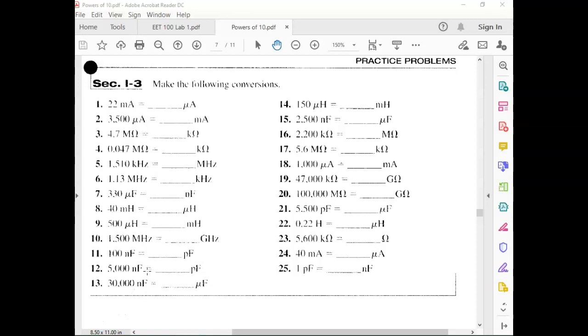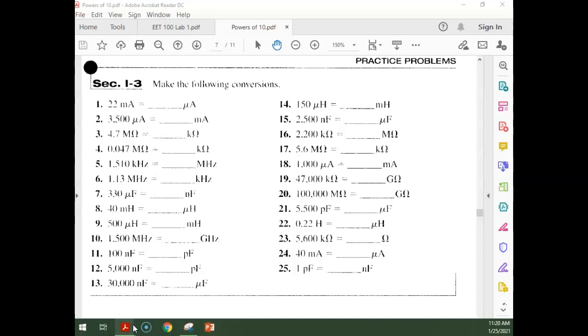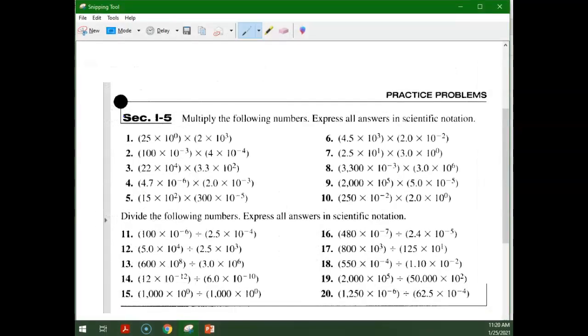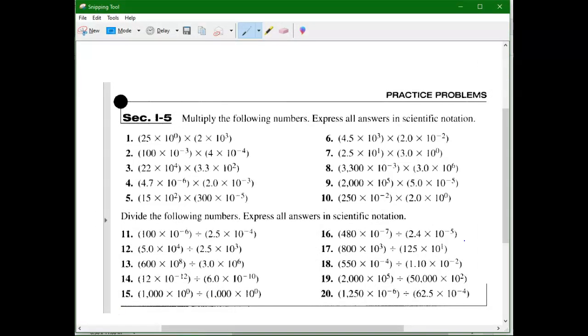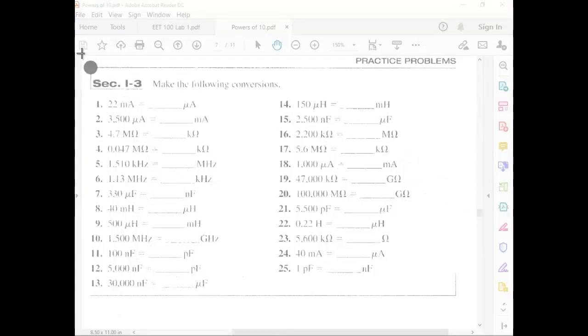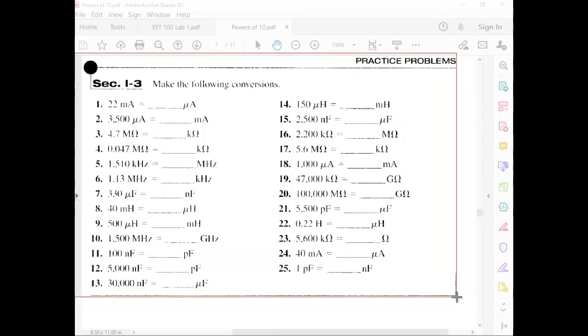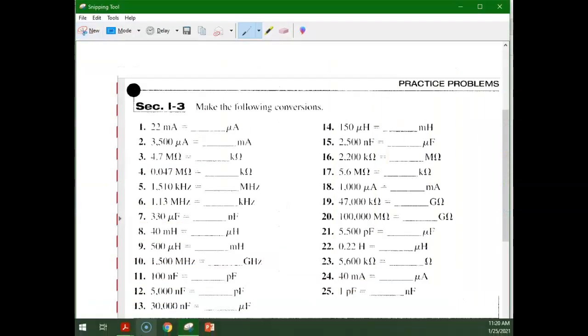Okay? All right, so looking at these problems right here, what you are needing to do is be able to move between the different notations. So let me pull this over like I did the other one.